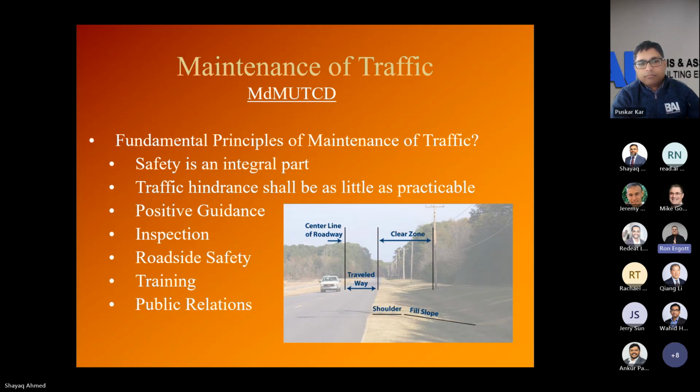Because what you don't want is an MOT plan that's perfect for the commuting public and worker safety, but we can't get any deliveries in for construction. Then you have a modified MOT plan in the middle of a perfectly done MOT plan. So that communication is important to what Pushkar was just discussing, getting buy-in from construction.